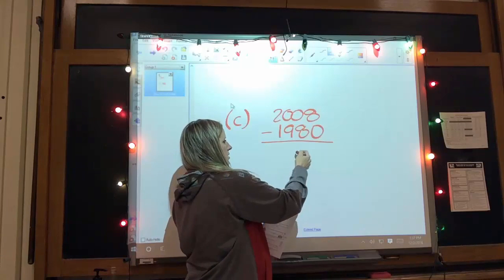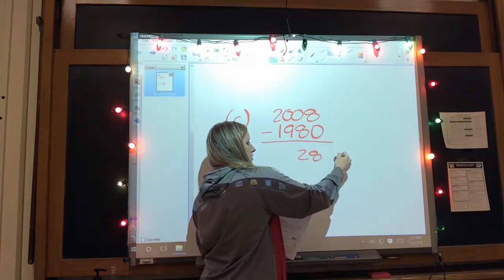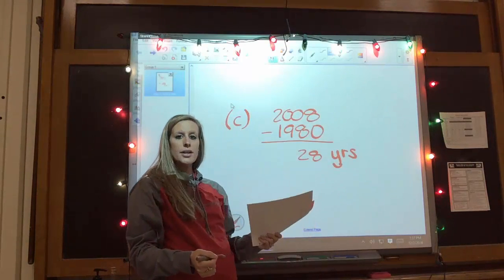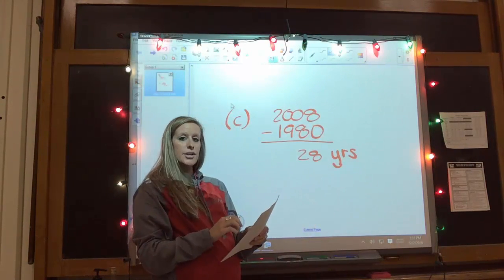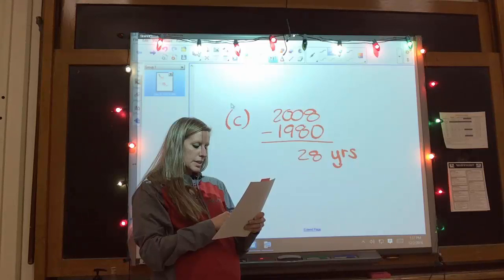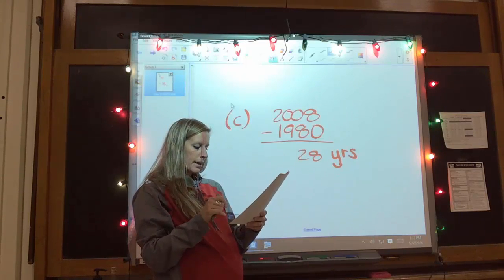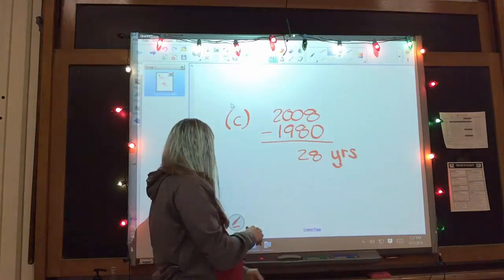Okay, so what is that, 28 years? 28 years later. So you're going to take your equation, and whenever you see an x, that's the same thing as t in this problem, you're going to plug in 28.